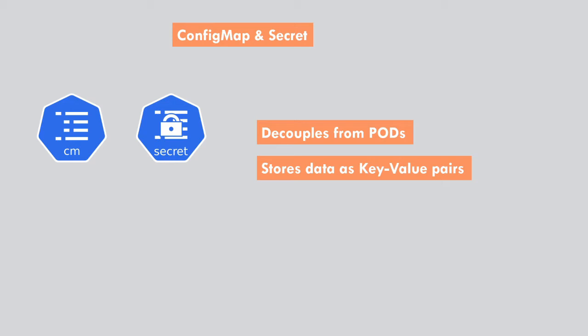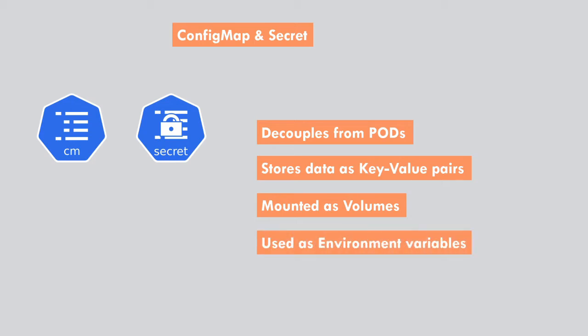Pods can consume config maps and secrets as command line arguments, as configuration files in a volume, or as environment variables. A config map is not designed to hold large chunks of data. The data stored in a config map cannot exceed 1 MB. If you need to store settings that are larger than this limit, you may want to consider mounting a volume.